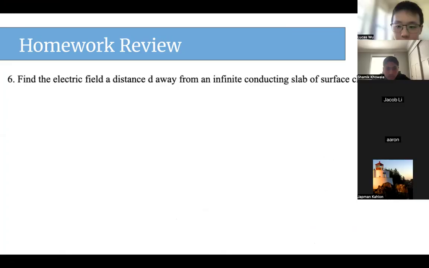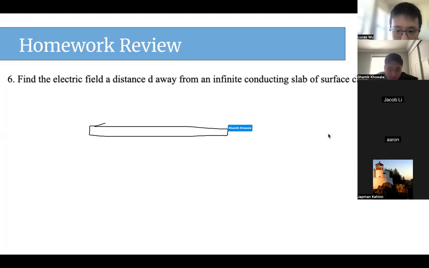Okay. How about Shamik? Do you want to explain this problem? Yeah. Okay, so what we're going to do is draw the slab. Since we know the slab is conducting, all the charge Q will be concentrated at the top and the bottom.